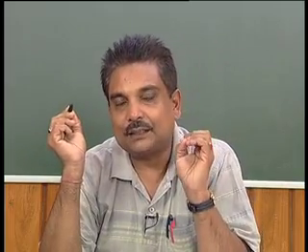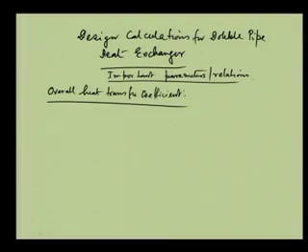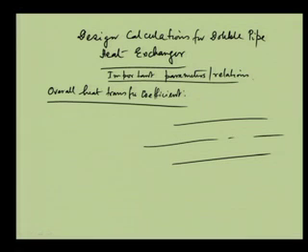We have discussed this partly. Let us take the example of the double pipe heat exchanger. This is the double pipe, the concentric pipe, this is the center line, and this is the inner pipe with its thickness, and this is the outer pipe.